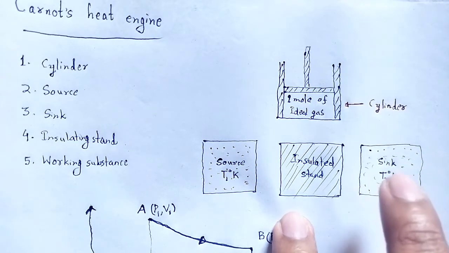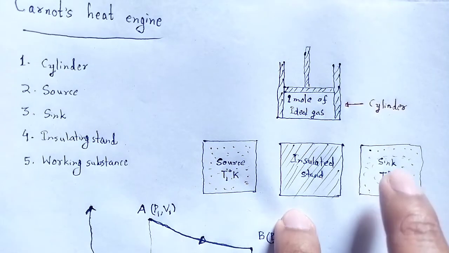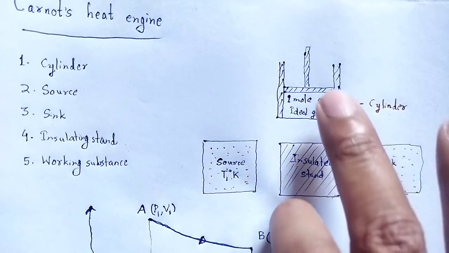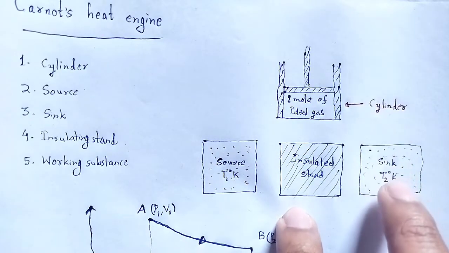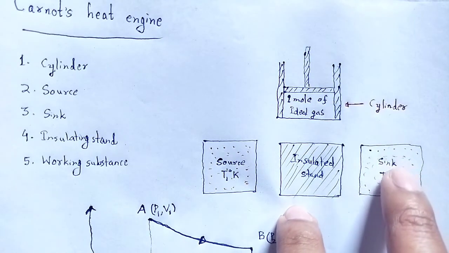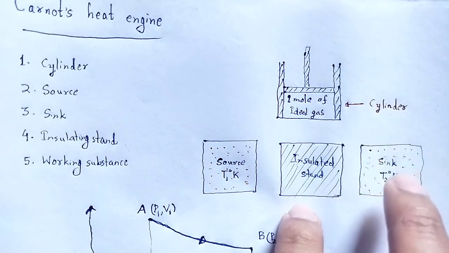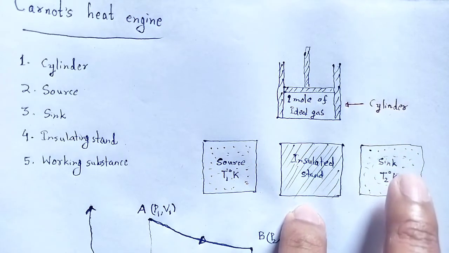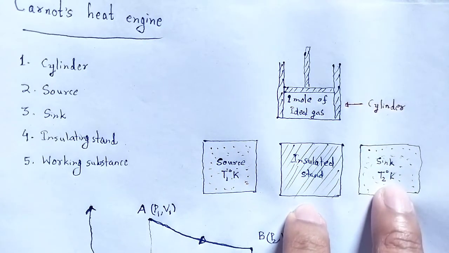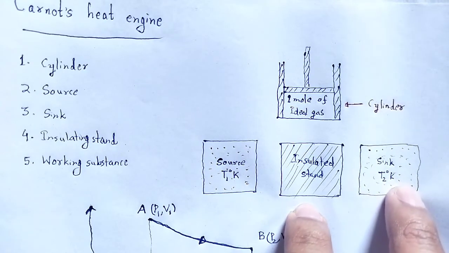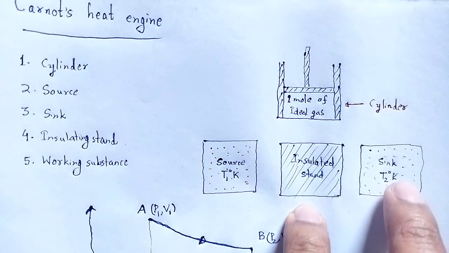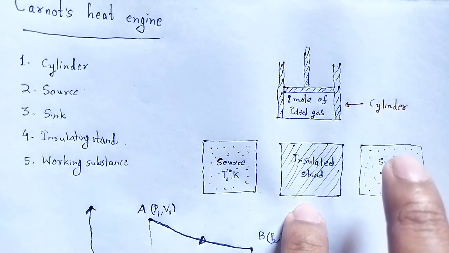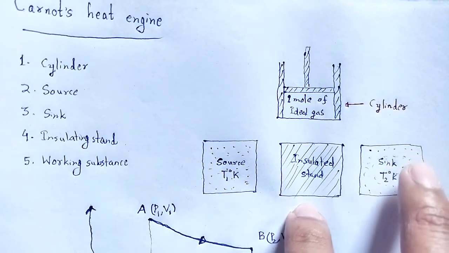Now slowly push the piston of the cylinder downward. The gas is compressed and its temperature rises. The heat will flow from gas to the sink and its temperature becomes T2 degree Kelvin. Hence temperature remains constant during the process, and this process is isothermal compression.